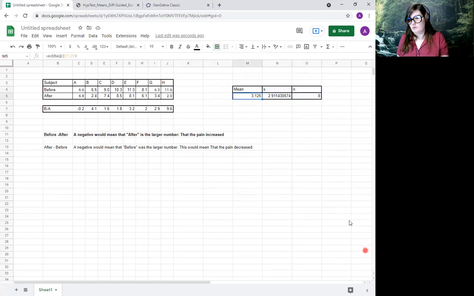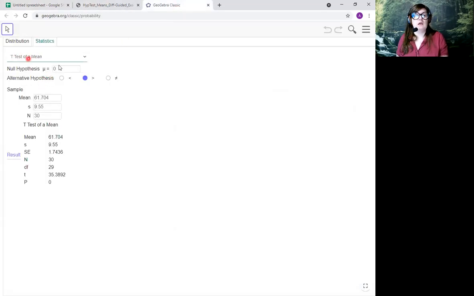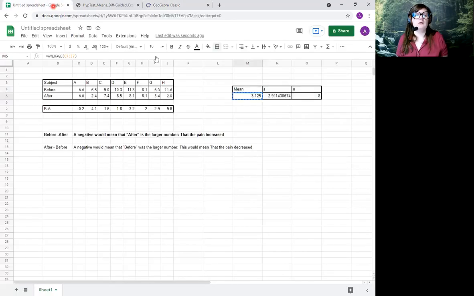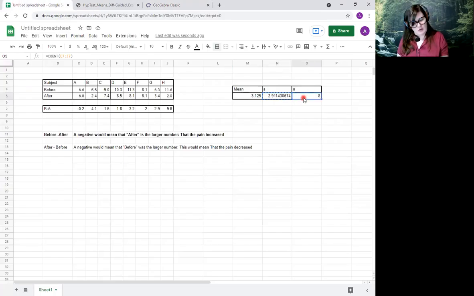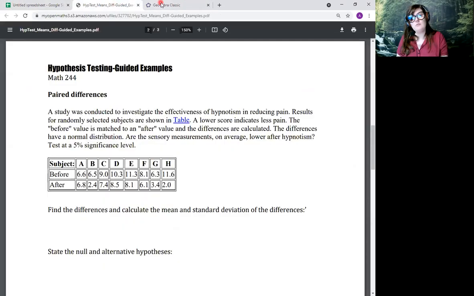So we're going to go ahead and copy this. We want to do a test of a single mean. We're going to throw that in there, and then we're going to copy this and throw that in there. Now it took my S really far, which is great. And we're going to copy our N in there.